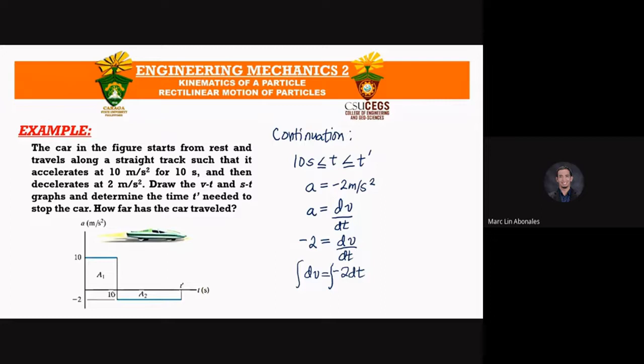Take note ha, kay this is a different interval. Different na time interval, 10 to t prime. So ang question, ang gamiton ba nato na initial conditions for this expression is the same ba kanina na 0 or lahi na na numbers or values?